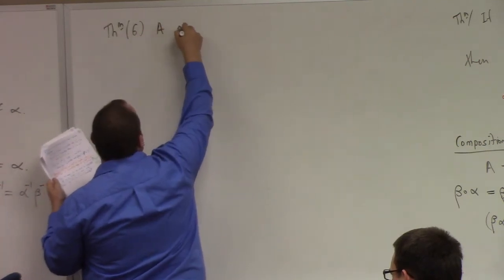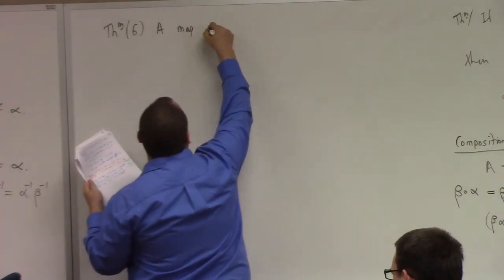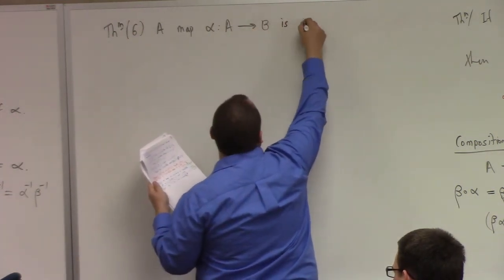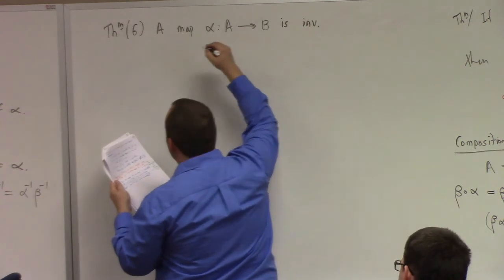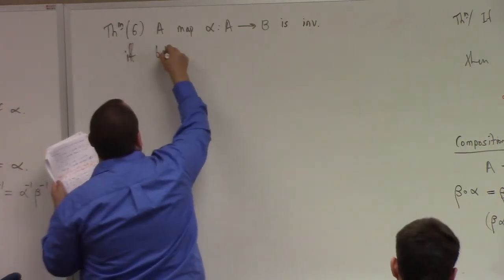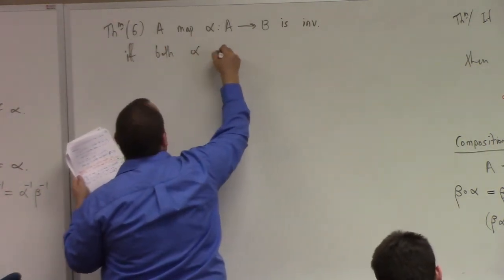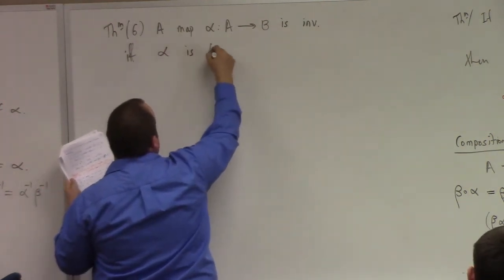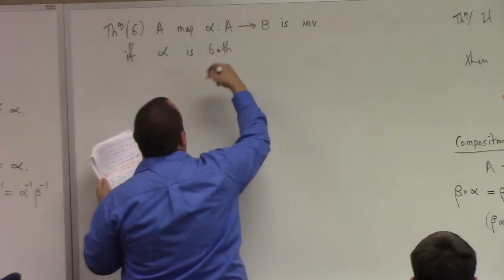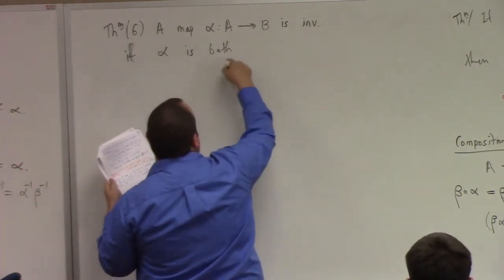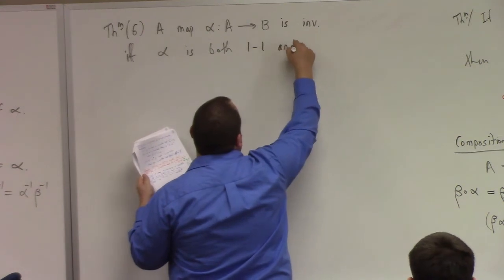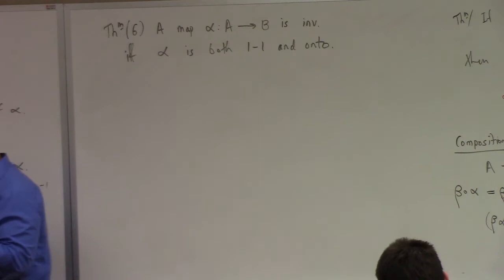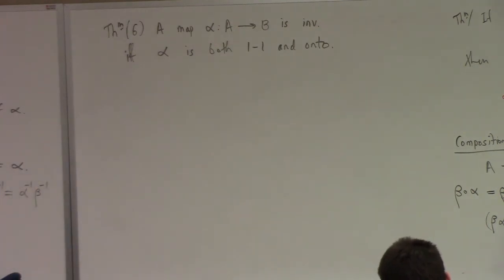A map alpha from A to B is invertible if and only if alpha is both one-to-one and onto. The order of words matters, doesn't it? The proof is on page 15. I would encourage you to read it carefully.